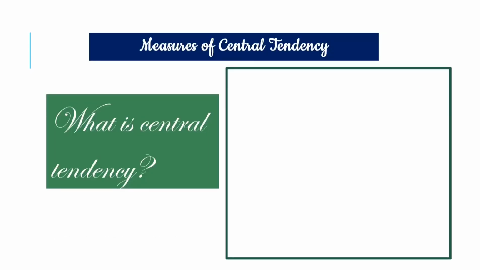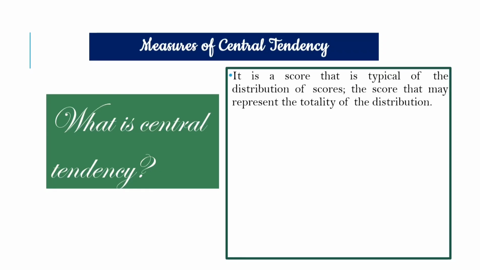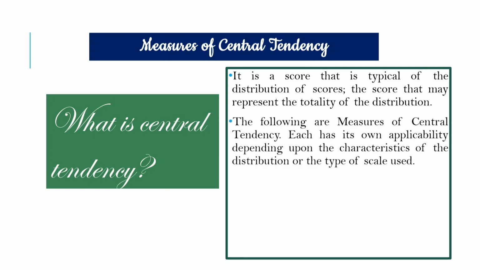First, let us define what is central tendency. It is a score that is typical of the distribution of scores, the score that may represent the totality of the distribution. The following are the measures of central tendency. Each has its own applicability depending upon the characteristics of the distribution or the type of scale used.